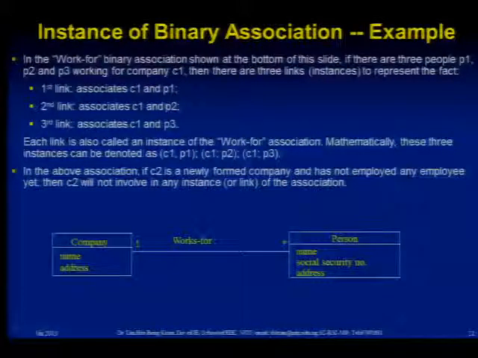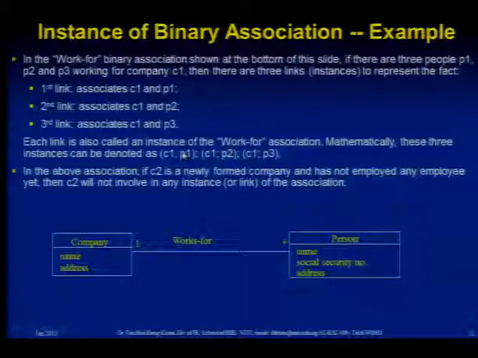So we have 3 interactions, and each interaction is an instance of this works-for association. We can also call it a link of the association. We have a mathematical notation to represent an instance of an association. For a binary association, we can use a 2-element tuple to represent it.